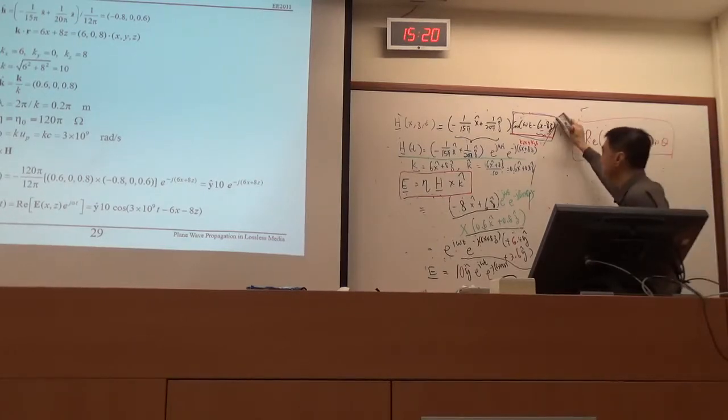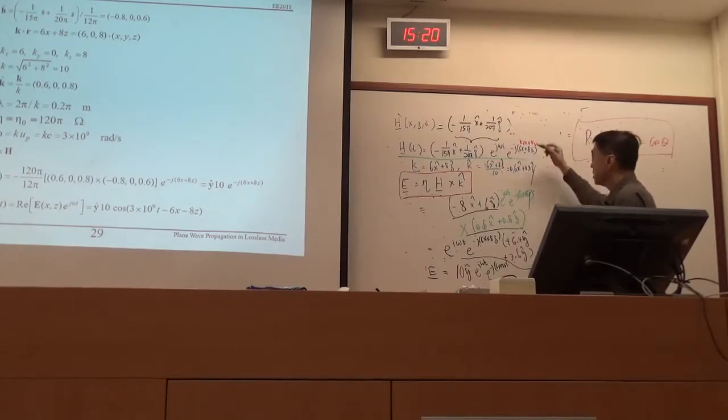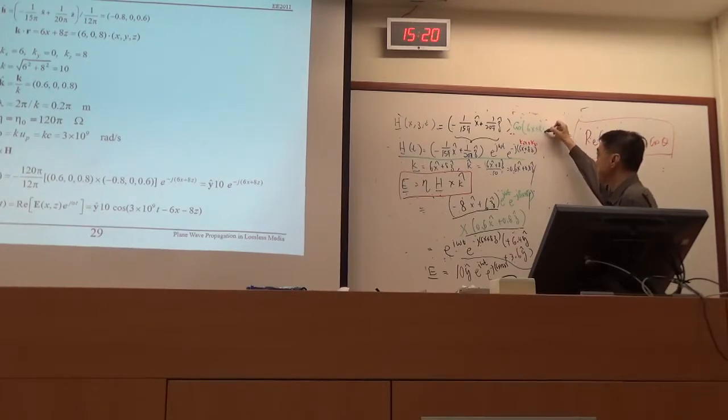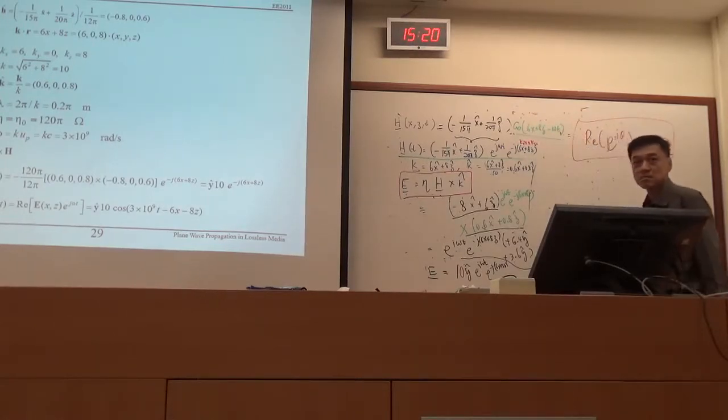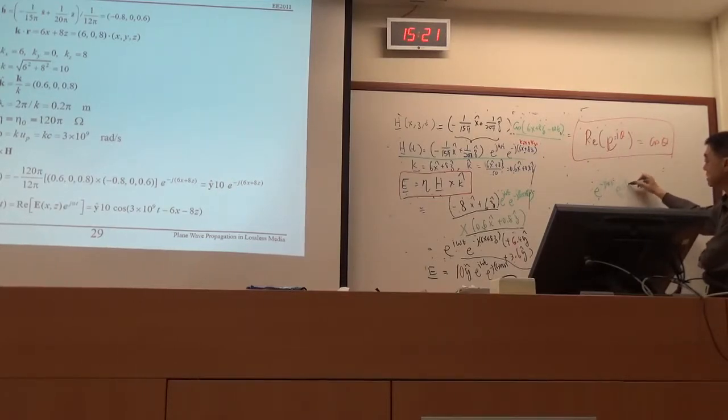Now, what happens if the question is like this: cosine of 6x plus 8z minus omega t. Can I say that now the phasor form is e^(-j omega t) e^(j(6x plus 8z))?